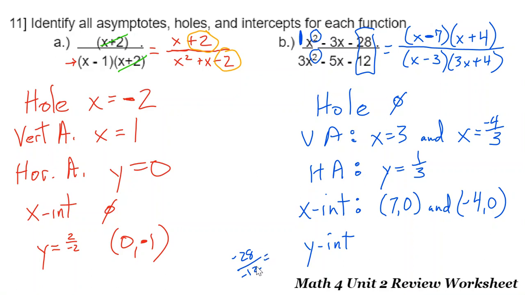Negative over negative is positive, they cancel, and the 4 will go into both of those. Whoops, I didn't mean to put the negative there. 4 goes into 28, 4 goes into 12, and so my y-intercept is going to be 7/3. And it's okay to leave a fraction like that. At least you don't have to graph it.